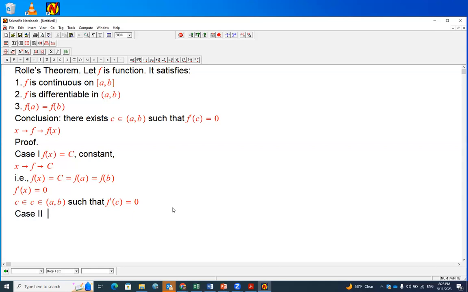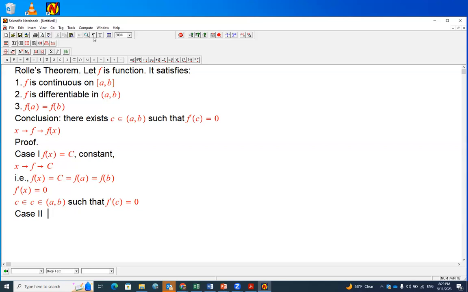Case two, we are saying f(x) is not constant. What does that mean? If f(x) is not a constant, then there should be some number inside (a, b) that is larger than, suppose, one of the cases.